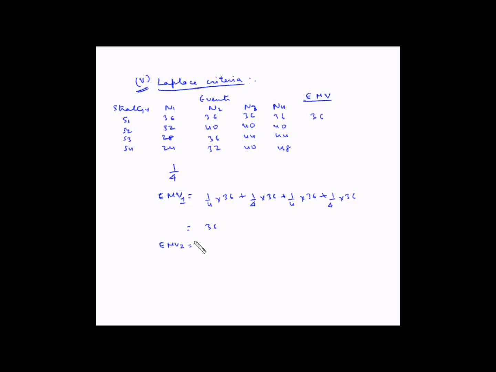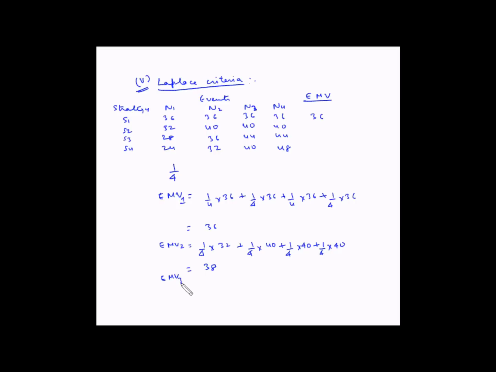Now let's calculate the EMV for second strategy. This will be equal to 1 by 4 multiplied by 32 plus 1 by 4 multiplied by 40 plus 1 by 4 multiplied by 40 plus 1 by 4 multiplied by 40. So 1 by 4 multiplied by 40 is 10, plus 10 plus 10 is 30, and 32 divided by 4 is 8, so 38.